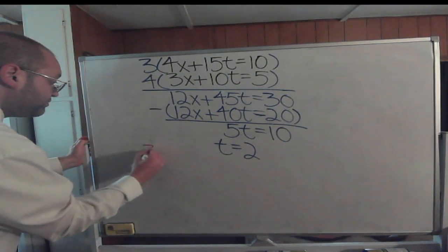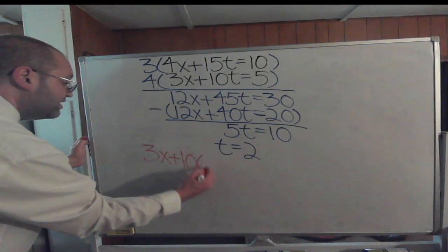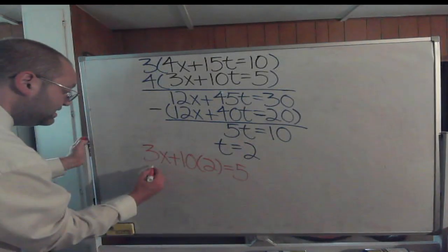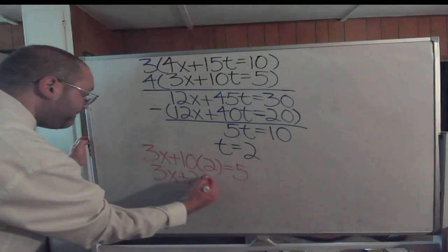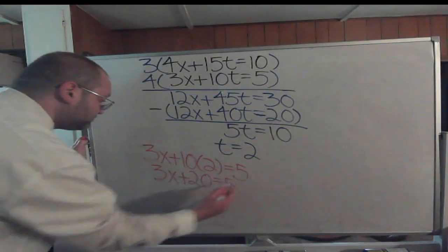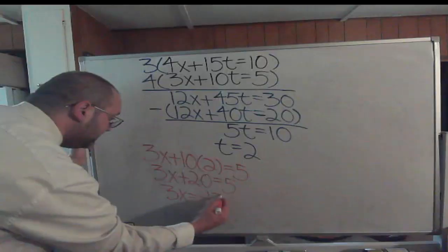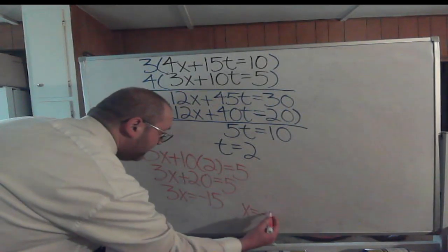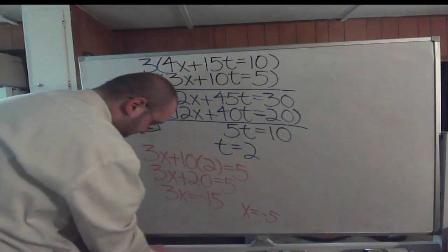I'm going to go with 3x plus 10 times that t value of 2, set that equal to 5, all right? Which would give me 3x plus 20 equals 5, which means 3x equals negative 15, which means that x would equal negative 5. So the x value for my solution is negative 5.